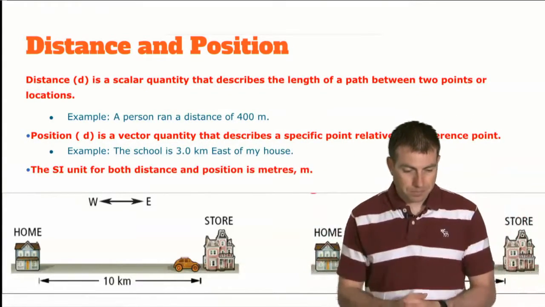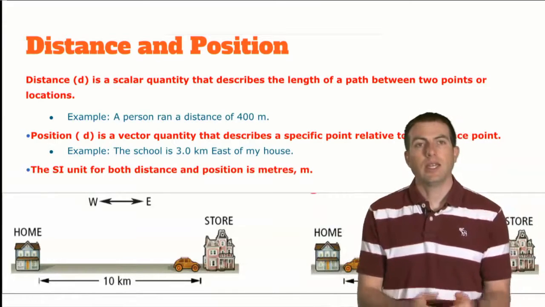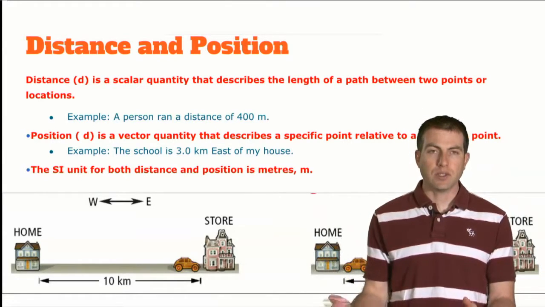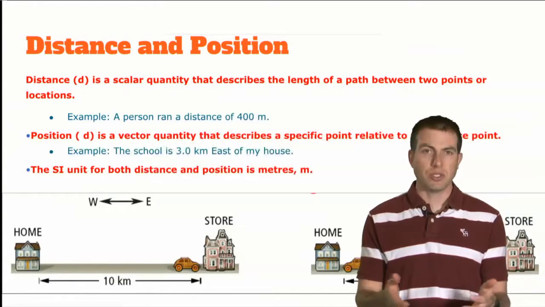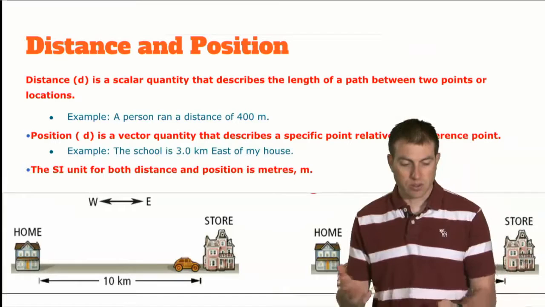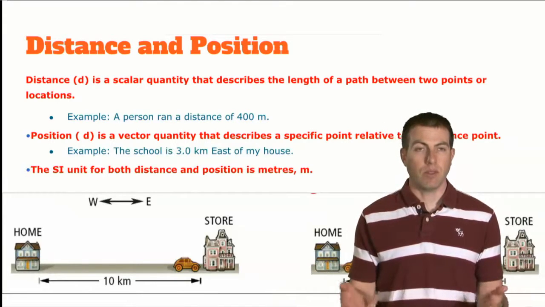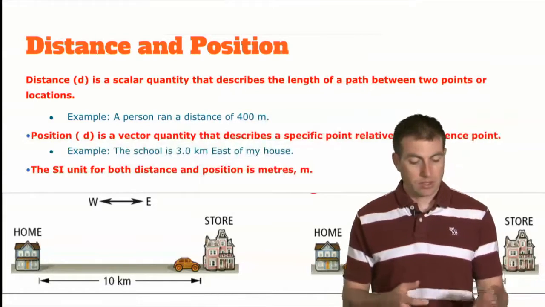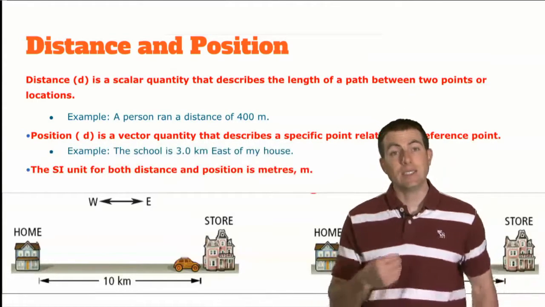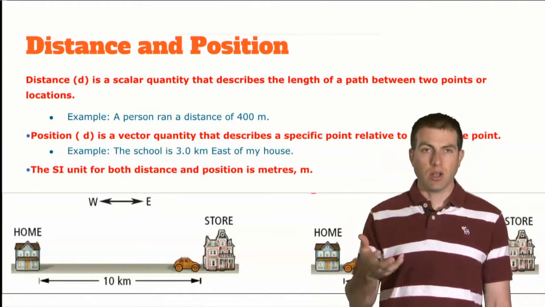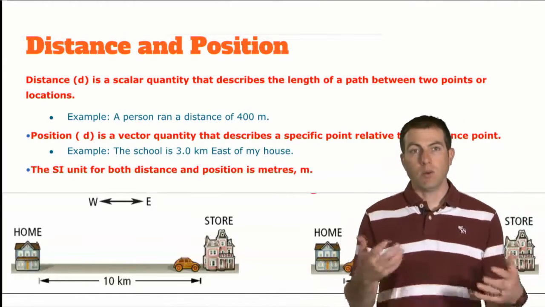That's a distance. A position is a distance with respect to another thing. So this is kind of like the resultants we've been drawing. We can say your position is so far away from the Apple Bowl or something like that. For example, the school is 3 kilometers east of my house. That's easy to understand. 3 kilometers is how far you've gone, in which direction?